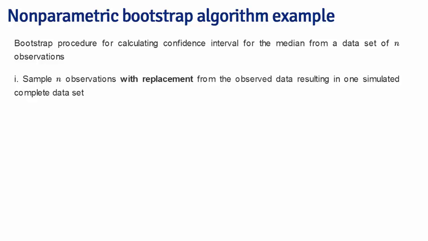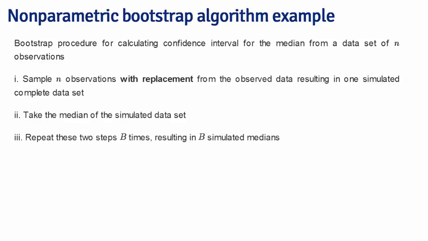Instead, it's important to sample with replacement, which means that you likely get some observations repeated multiple times, which is fine. This is part of Bootstrap resampling. When you get a resampled data set, in our example, we're going to take the median, or if you're using a different statistic, you'll simply take that statistic of the simulated data set.